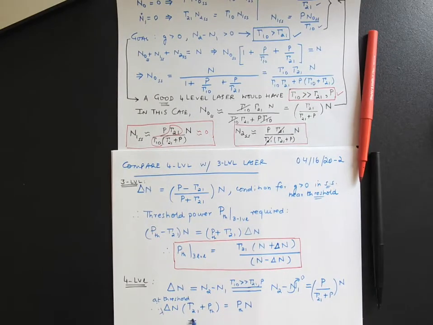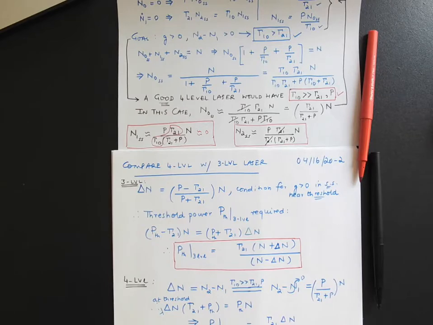This tells me the p threshold, and this time this is for the 4-level, I can solve for that. And what you'll notice is that you get gamma 21 delta n over n minus delta n, okay?